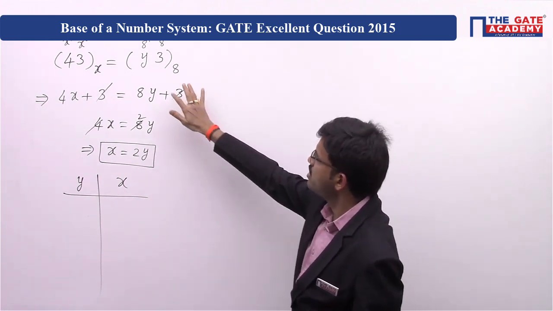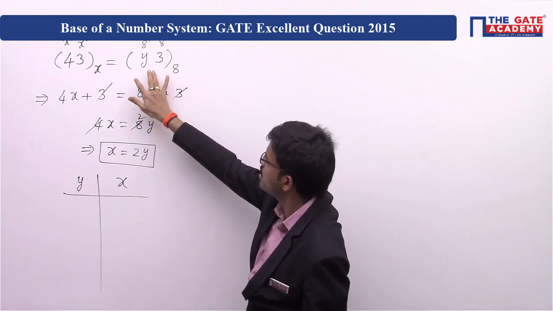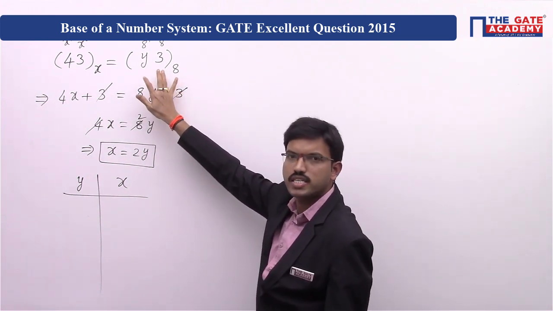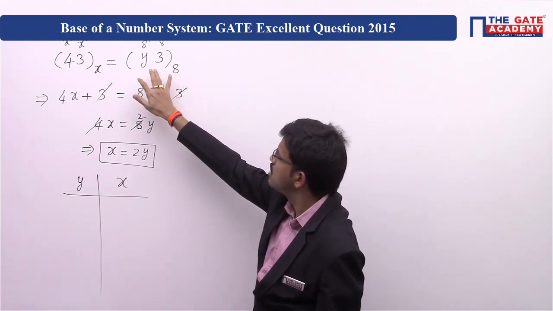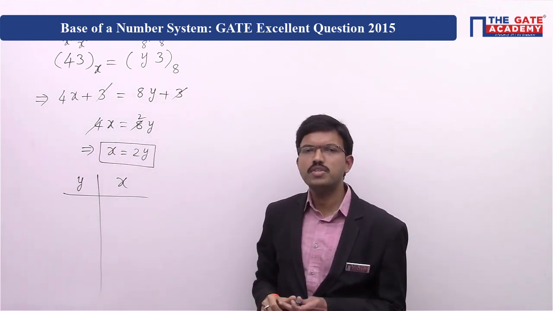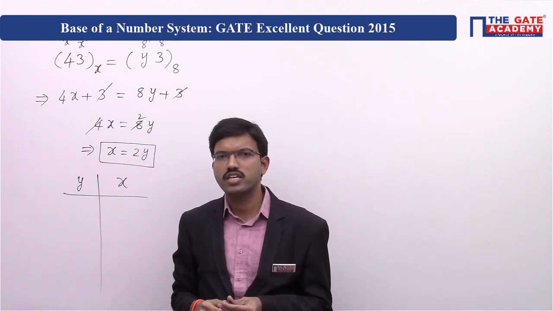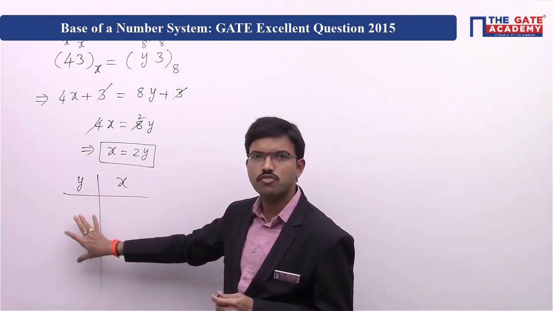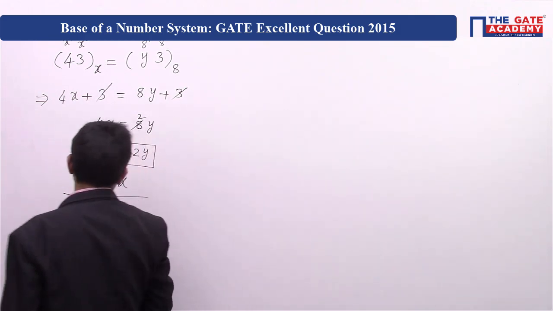Why? Here the base of the number system is 8. Here y is one of the digits corresponding to this number system, so these are the octal digits. In the octal number system, for a single digit we can represent values ranging from 0 to 7. So we have to consider only 0 to 7 for y, only 8 values.